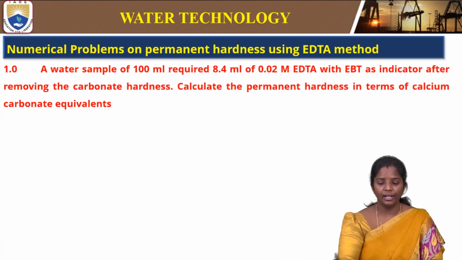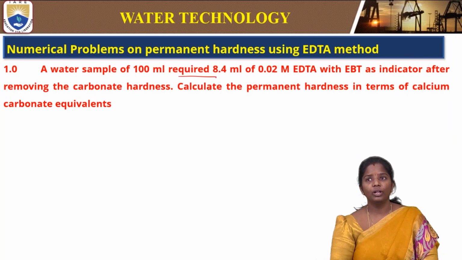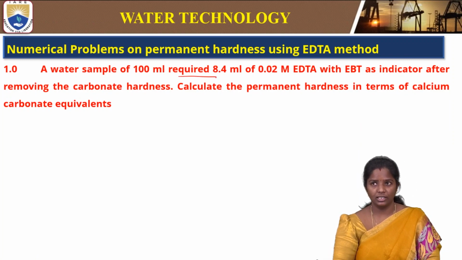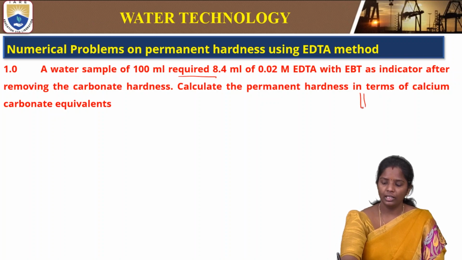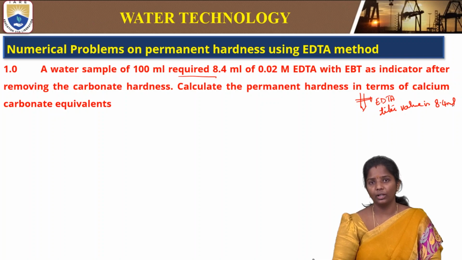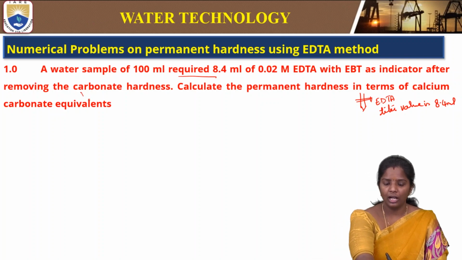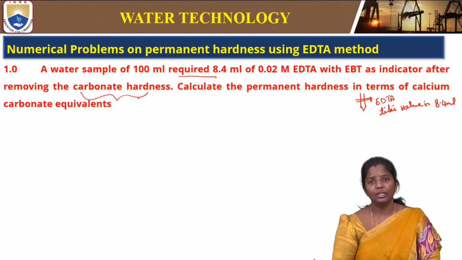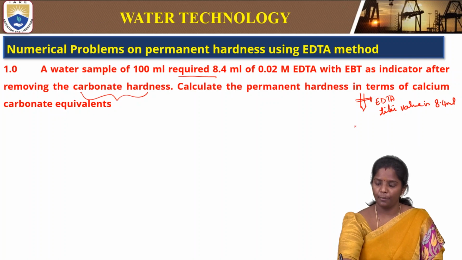A water sample of 100 ml required 8.4 ml of 0.02 molar EDTA. It means EDTA is taken in the burette and the titer value is 8.4 ml, of 0.02 molar EDTA with EBT as indicator, Eriochrome Black T or Solochrome Black T. After removing the carbonate hardness, what is this carbonate hardness?